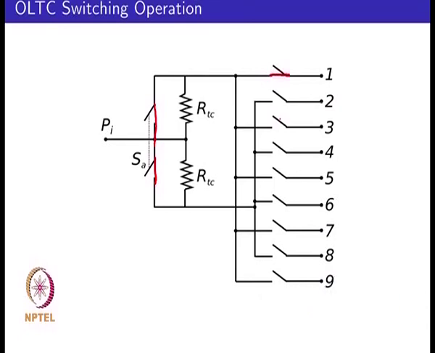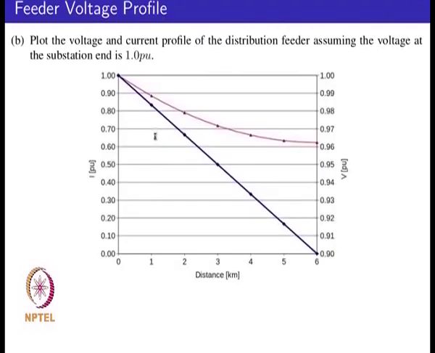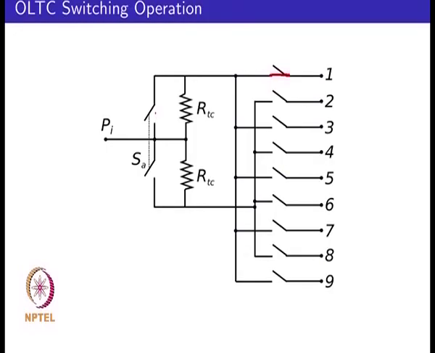The first step would be to open switch SA. Once you open SA, the power flow would then be through the resistance RTC. You want a small value of resistance so that you don't have large drops in voltage, and we'll see that a small value of resistance is sufficient.